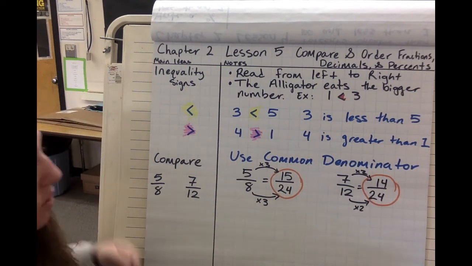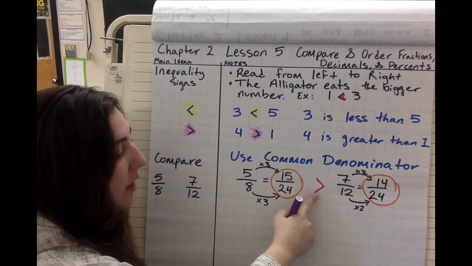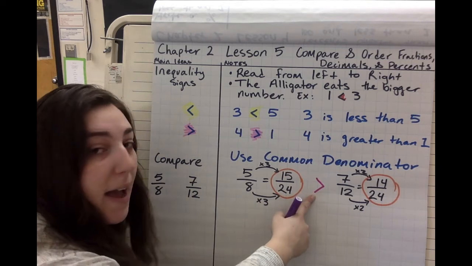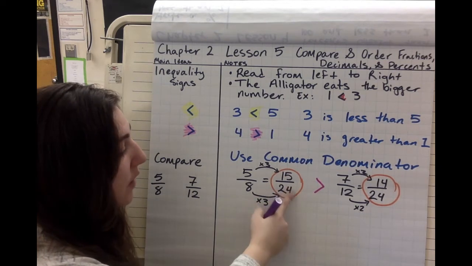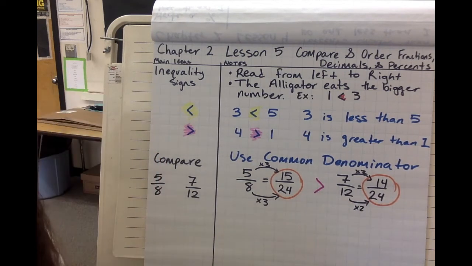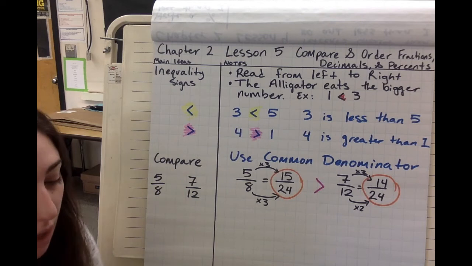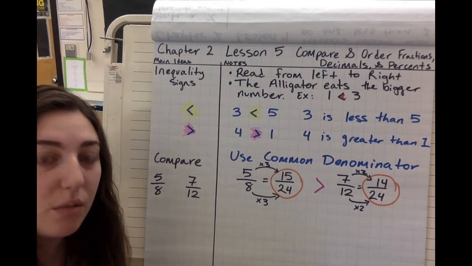So I'm going to use this inequality sign, because this tells me that 15 is greater, and the alligator wants to eat the bigger number. So 15/24ths is greater than 14/24ths. Now we're going to learn how to order from least to greatest.